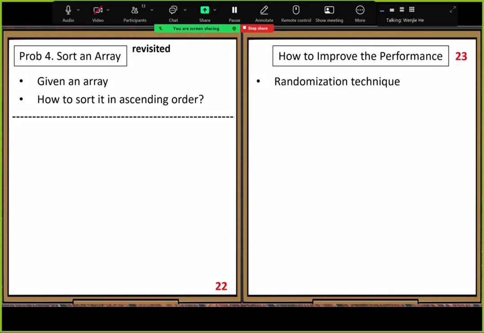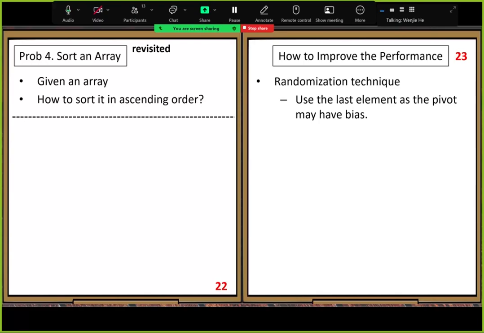So in this randomization step, when you pick the pivot, you do not use the last one. You pick a randomly selected element anywhere in the array, then swap it with the last element. You only need to do one swap operation.